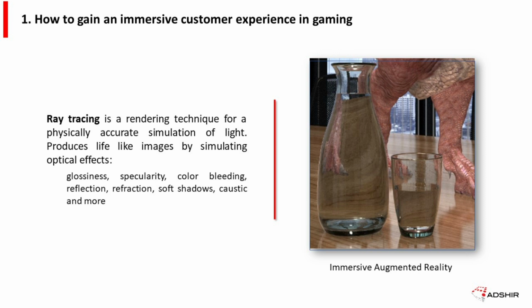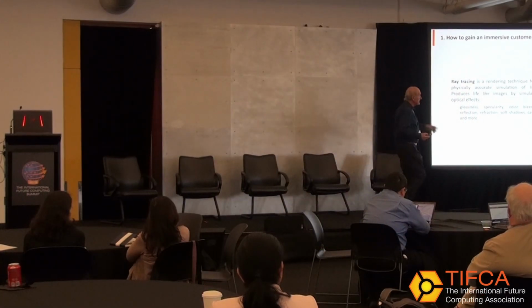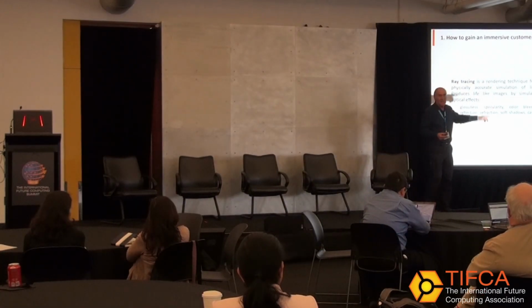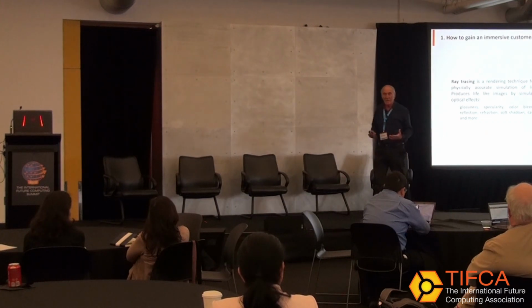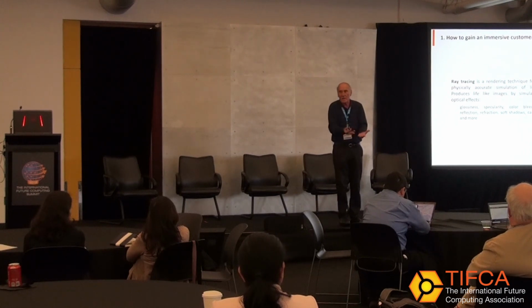Now, we have to create an interaction between the dinosaur and the environment. Now, look at these glasses. This glass and this bottle, they are real. And you look at the dinosaur like something real because it looks real.